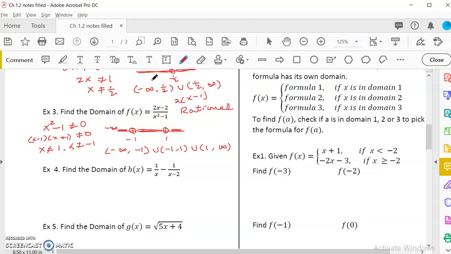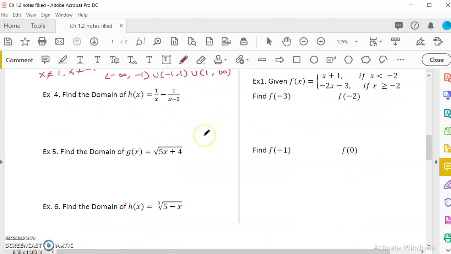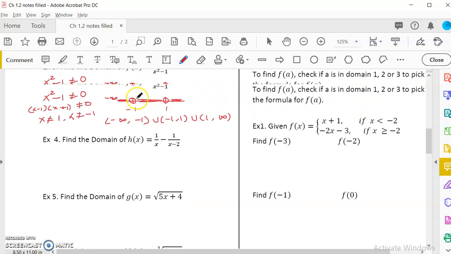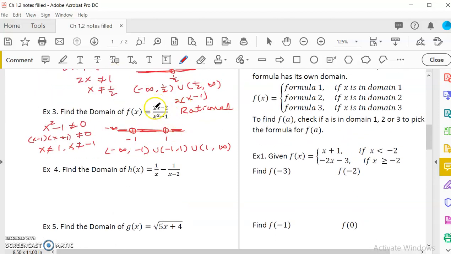Even if they can cancel, you cannot allow that. We'll talk about this a little bit more in chapter 3 point something, when we talk about rational functions. But for the time being, don't worry about the fact that you can cancel x minus 1 from the top.